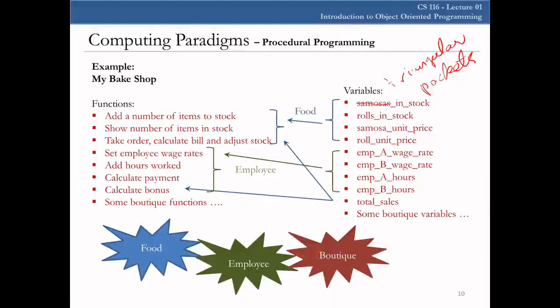So object oriented programming provides a better and more organized way to write larger applications, or to write such code which involves multiple objects with a lot of interdependencies between them. There, the object oriented paradigm is a better choice. So let's see that now.